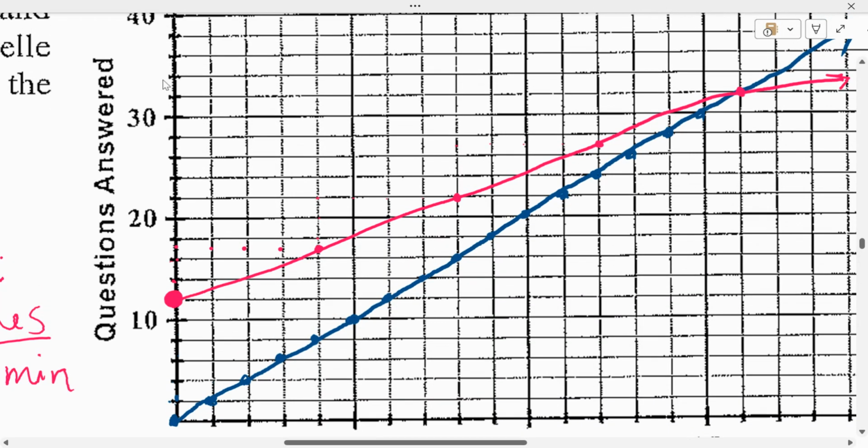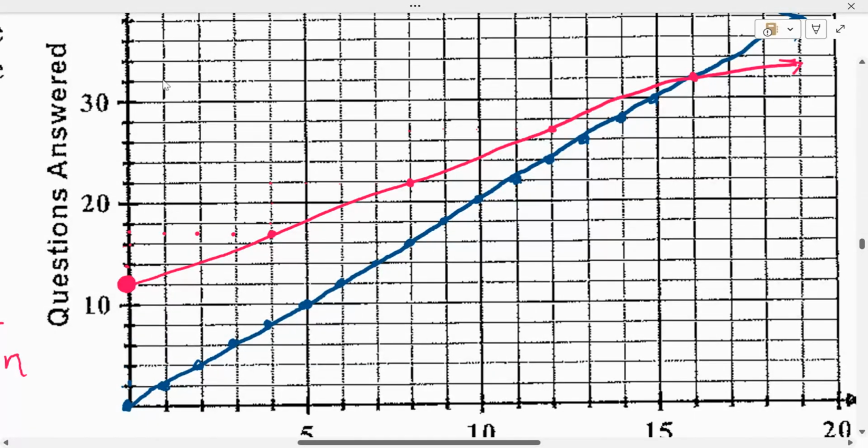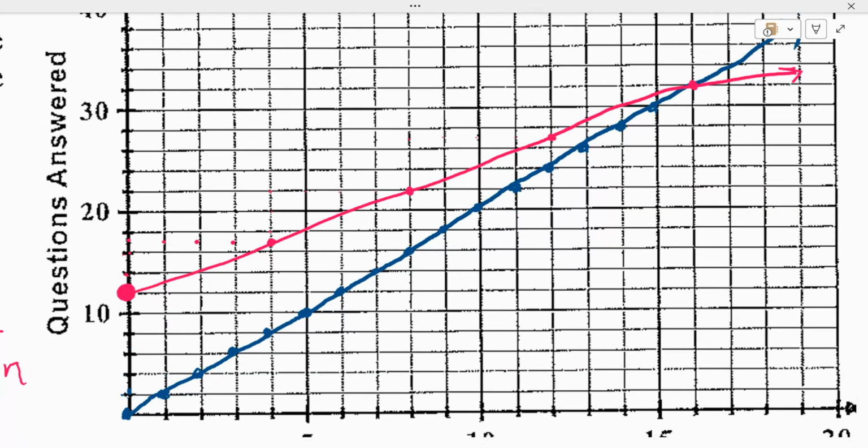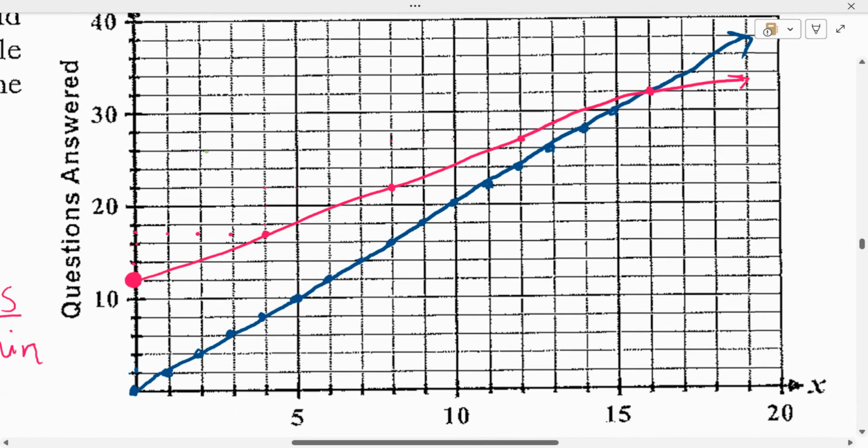Okay. So the question is, what is their point of intersection? Where do these two lines intersect? What is this ordered pair? Well, the x value is what? What's the x value? Say it.